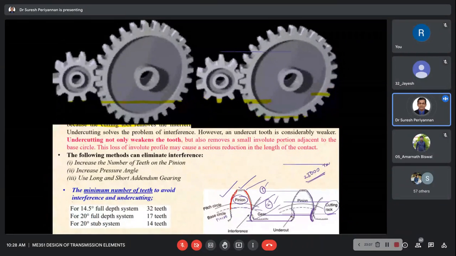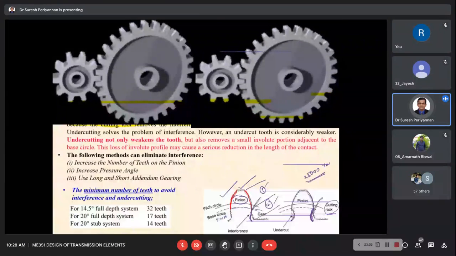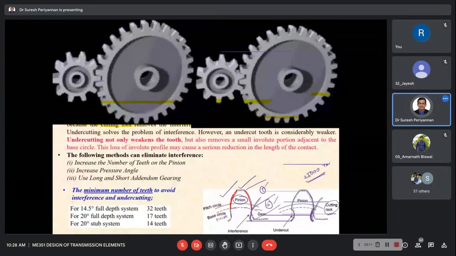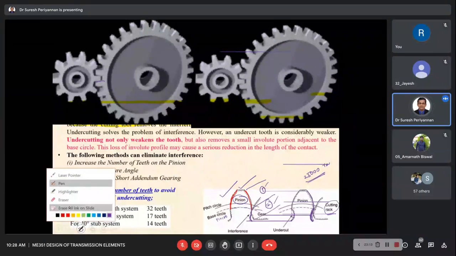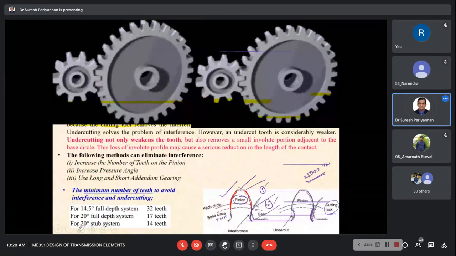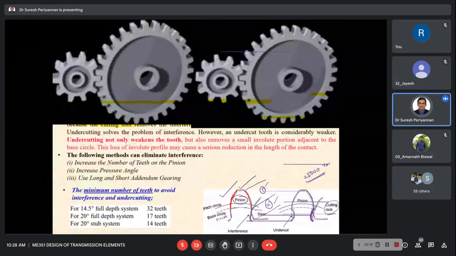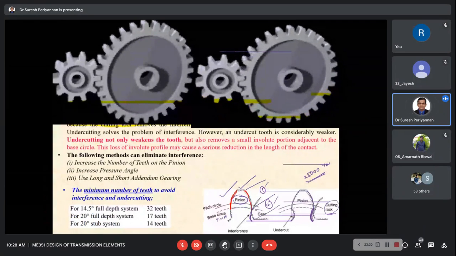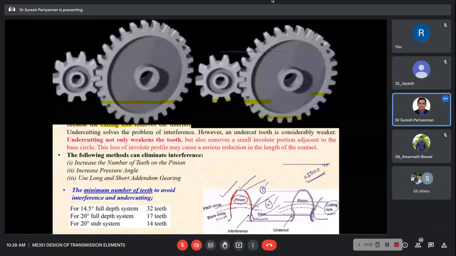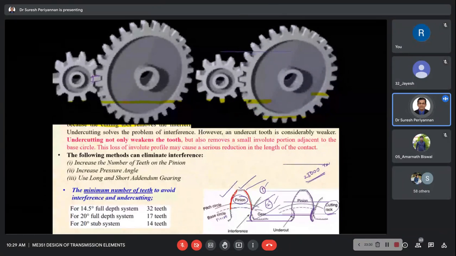Whatever we discussed, involute, non-involute, was on the pinion side only. Now this involute is extended below the base circle.